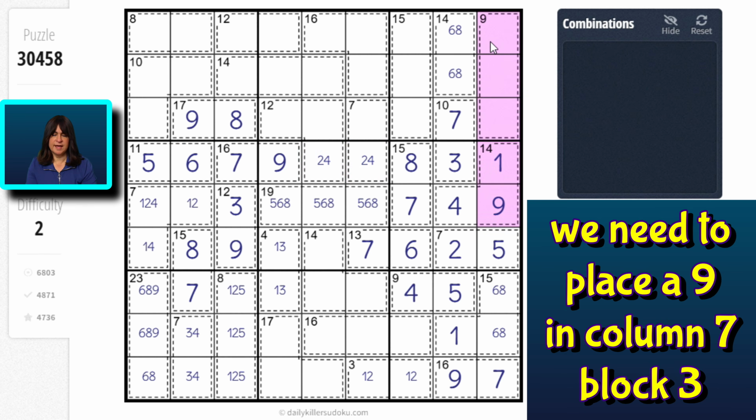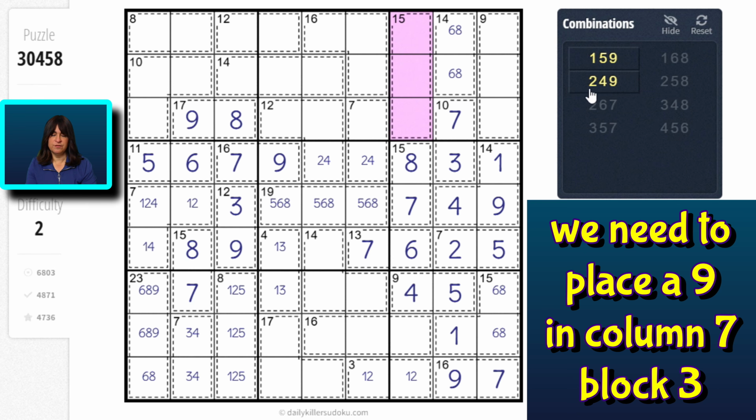Okay, now let's see. We have 9s in columns 8 and 9. So there needs to be a 9 here in one of these 3 cells. So that means even though there are a lot of combinations that add up to 15, we can just look at the ones that have a 9 in them, and that's these 2.